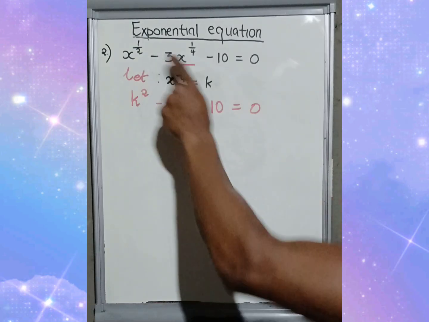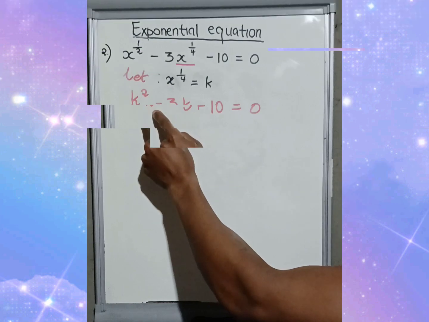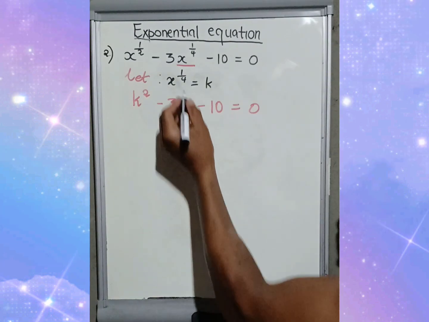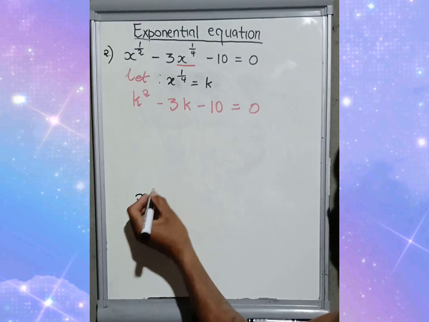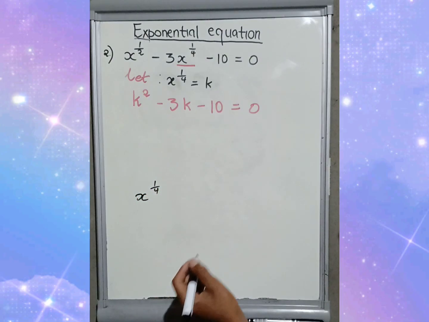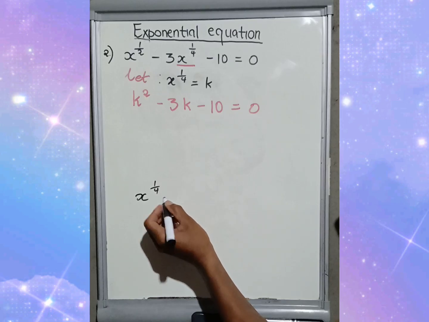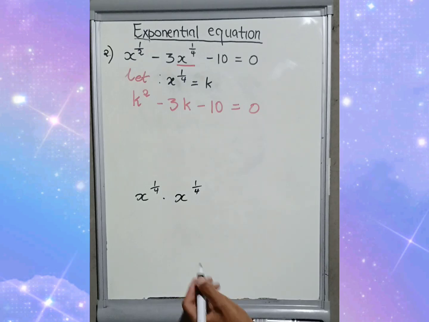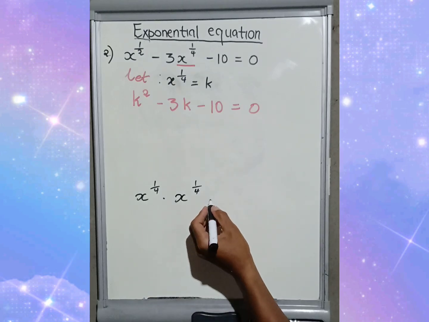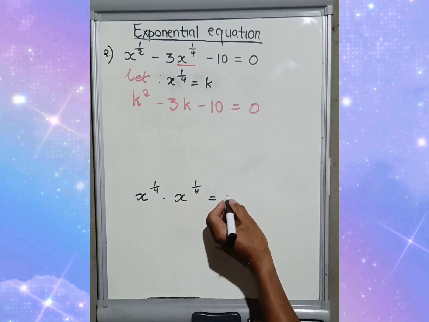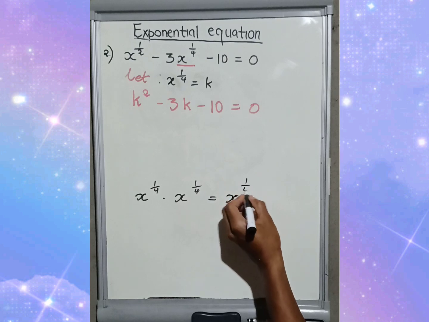Then, let me explain what's happening here, why you get k squared. Look, we said that x raised to 1 over 4 equals k. Then if I multiply by another x raised to 1 over 4, the rule says that if you're multiplying the same base, we take one base and add the exponents.